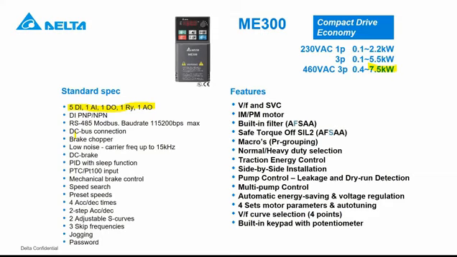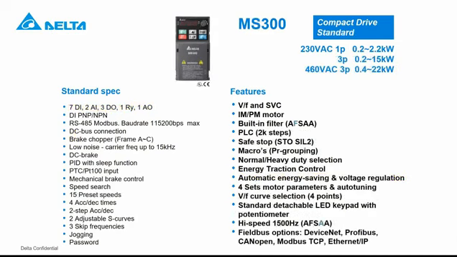But you do have different pump functions, pump control. So you have functions for leakage and dry run detection, and also for multi-pump control. Then moving on, we have the standard compact drive, the MS300.